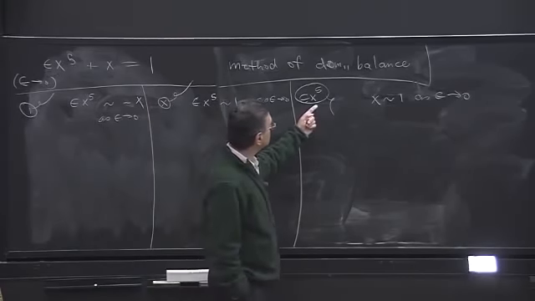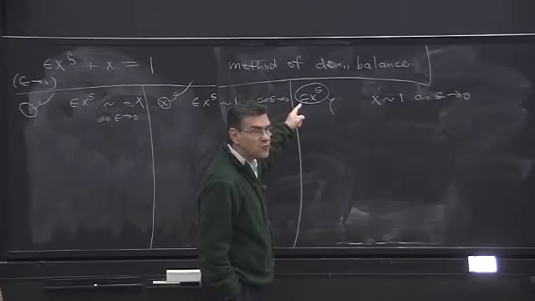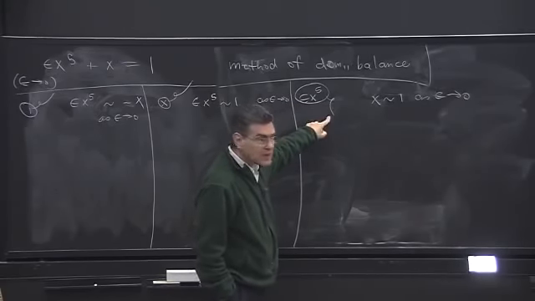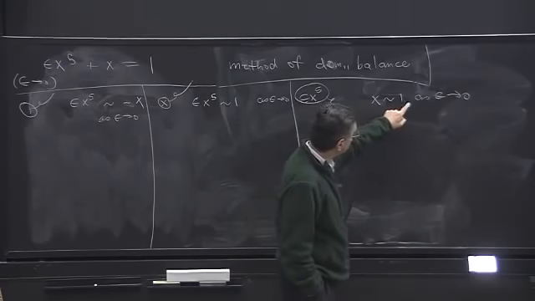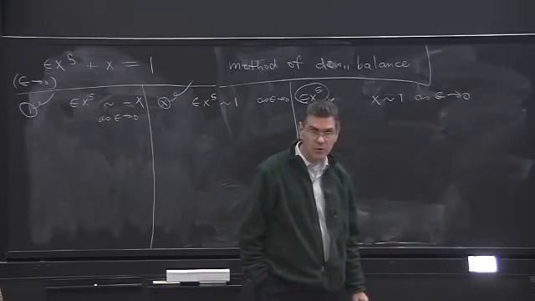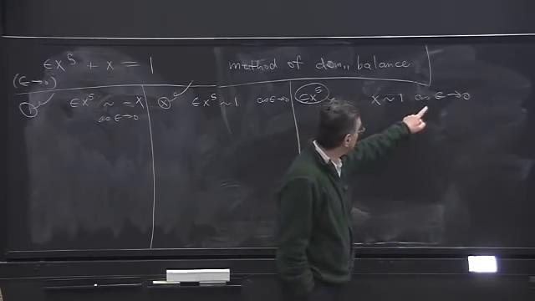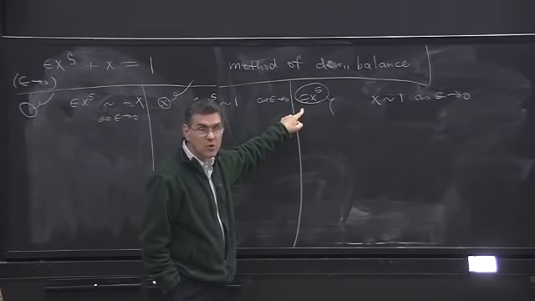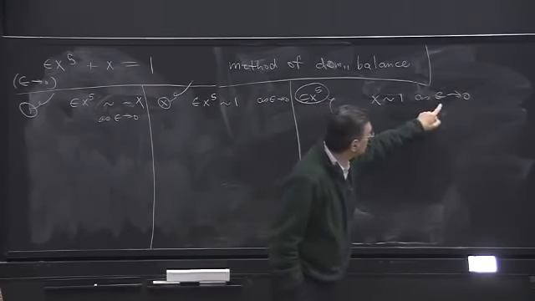So take this statement. If it's true that epsilon x to the 5 is negligible, then it must be true that x is asymptotic to 1 as epsilon goes to 0. Could x be asymptotic to 1 as epsilon goes to 0? If it is, would it then be true that epsilon x to the 5 would be negligible? Sure, because epsilon is going to 0.